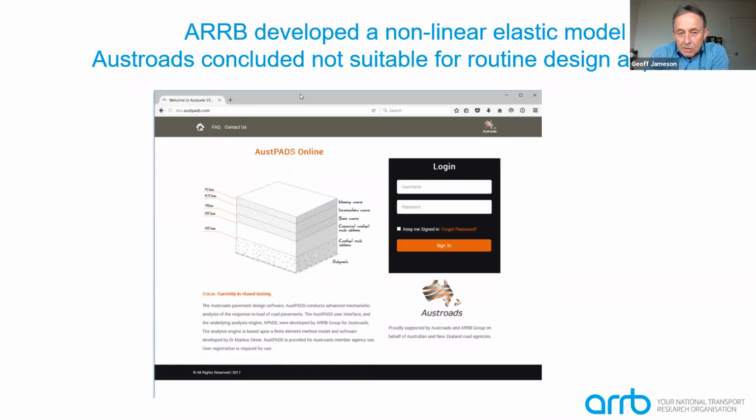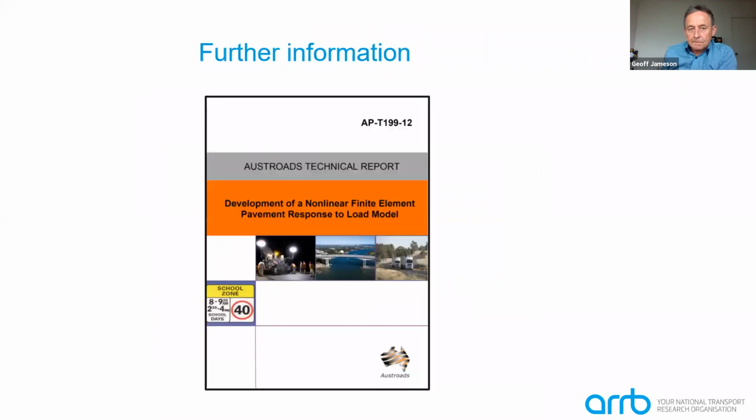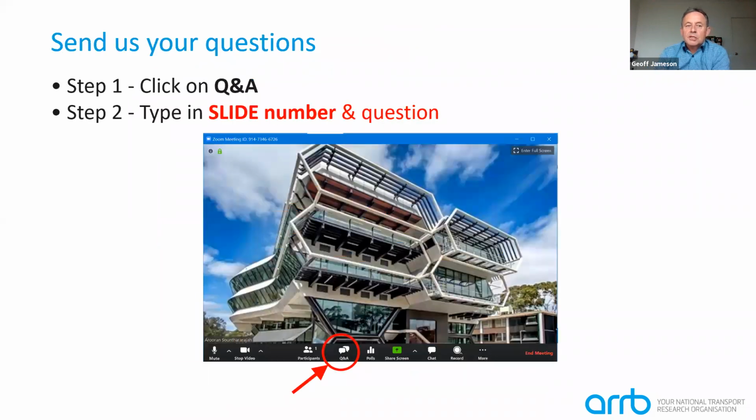But there is a non-linear elastic model around that could be used for modelling. And again, if you'd like some further information on that project, that's the report to reference. Just a reminder again, please send in your questions if you have any.